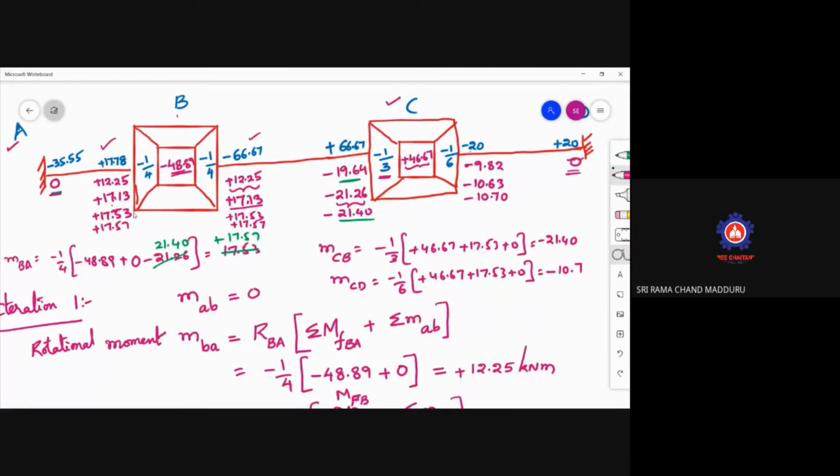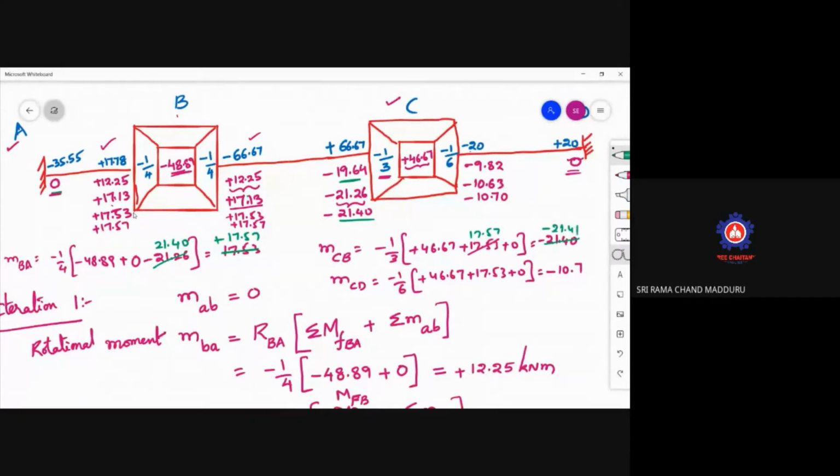Now coming to the next one, instead of 17.53, you have to substitute 17.57. So this will become minus 21.41. Just check this value. Yes, minus 21.41.